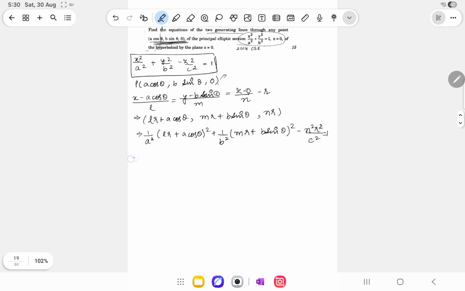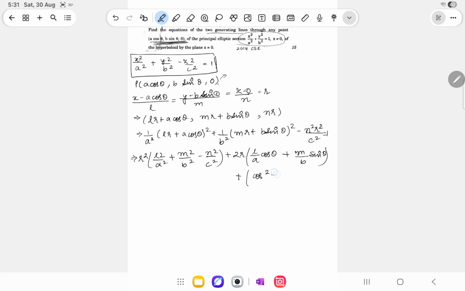If I simplify it, I'll be getting r square into (l square by a square plus m square by b square minus n square by c square) plus 2r into (l upon a cos theta plus m upon b sin theta) plus cos square theta plus sin square theta is equal to 1.